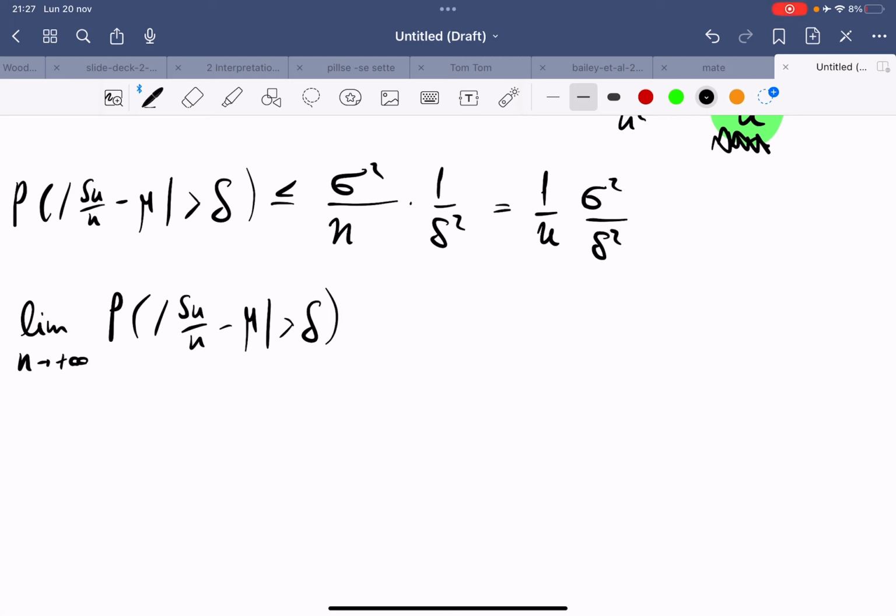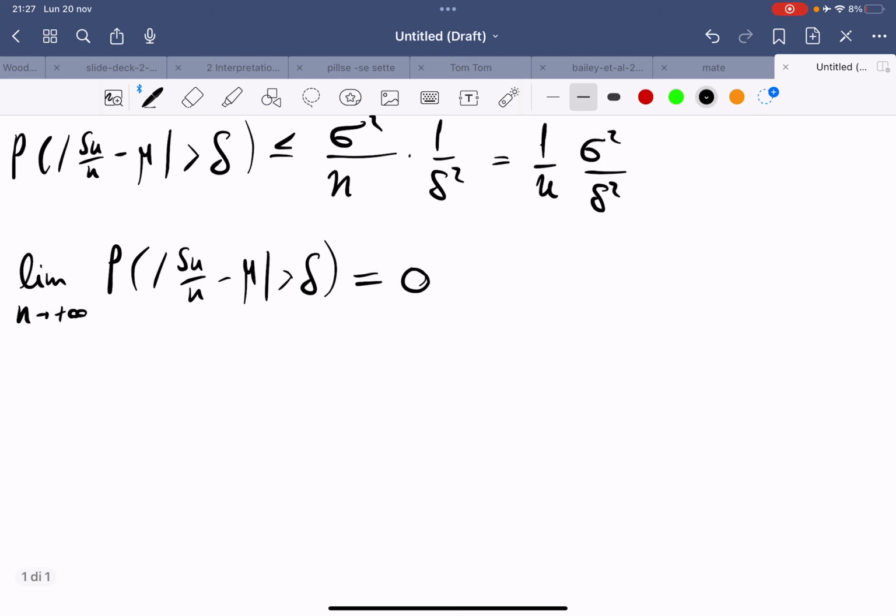So what happens when n goes to infinity? It obviously goes toward 0. So we have that the limit of this probability is equal to 0. For this reason, we might say that the sample average converges in probability to mu. And we are concluded.